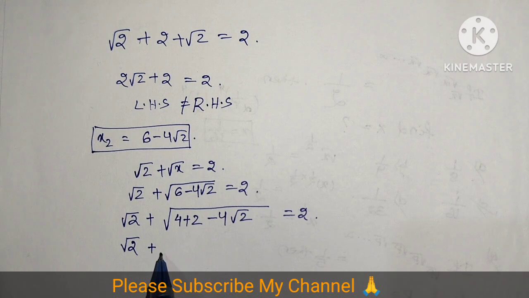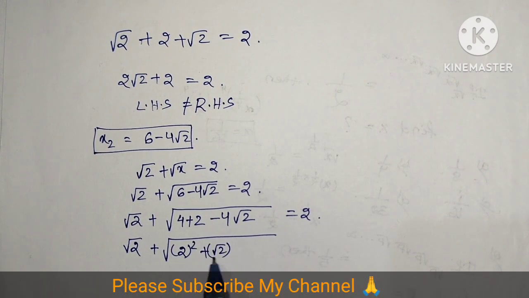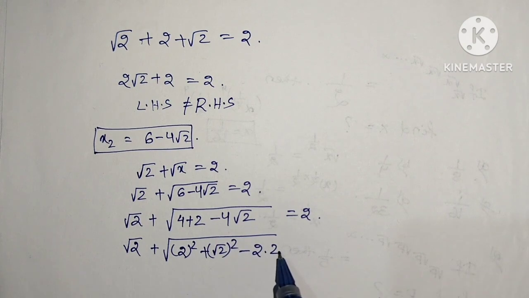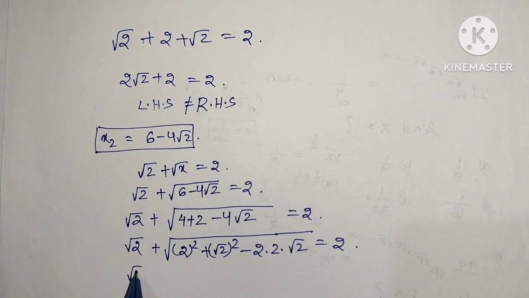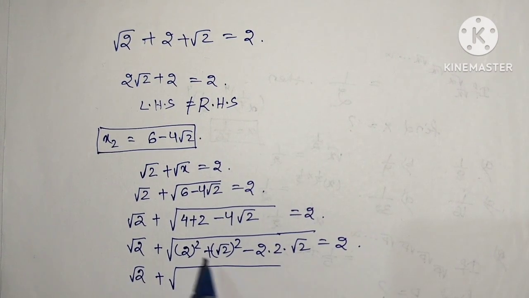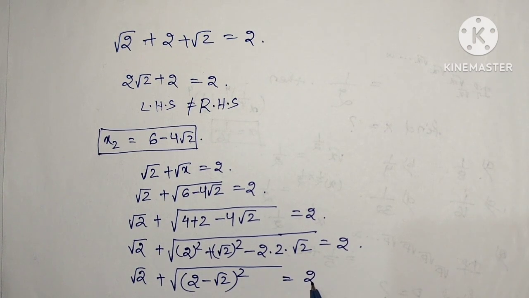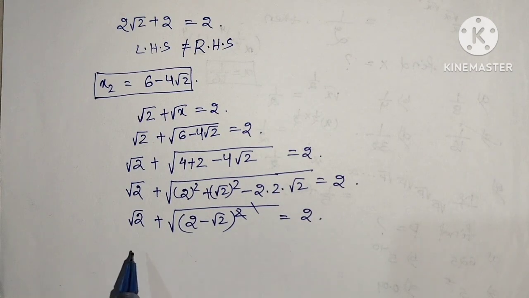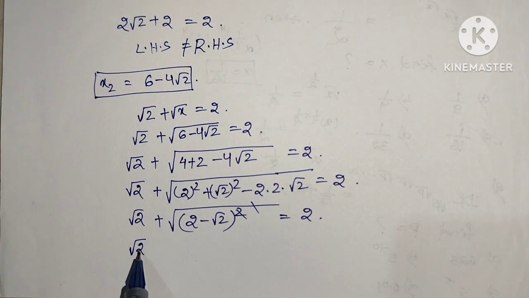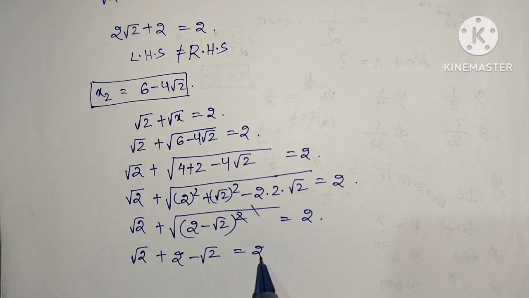Then root 2 plus, here it is 2 square plus root 2 square minus 2 into 2 into root 2 is equal to 2. Then root 2 plus (2 minus root 2) whole square. Then square and square root are cancelled. Then root 2 plus 2 minus root 2 is equal to 2.